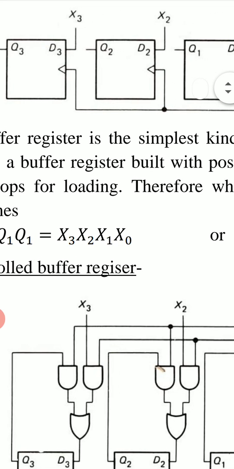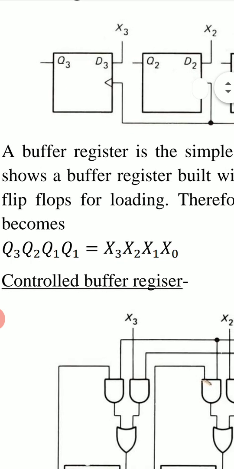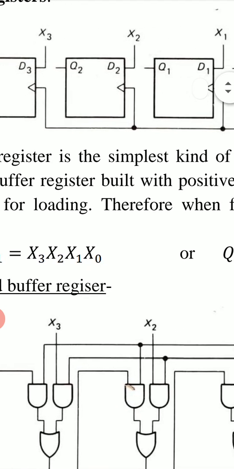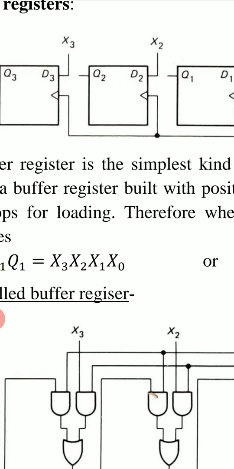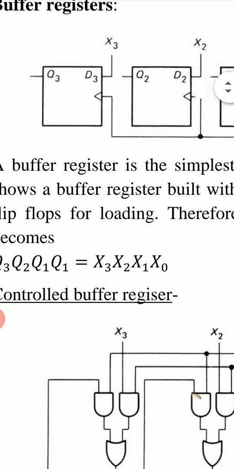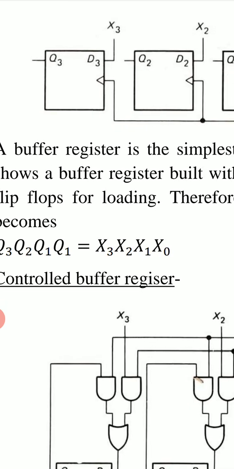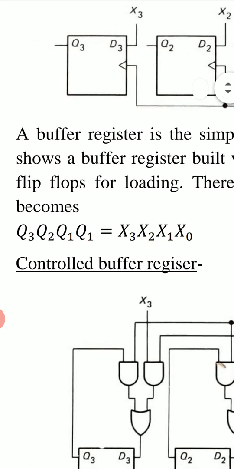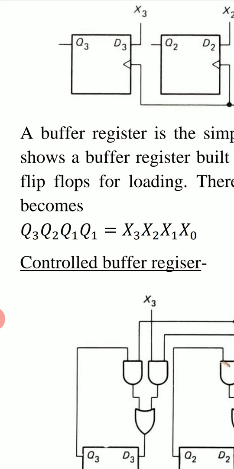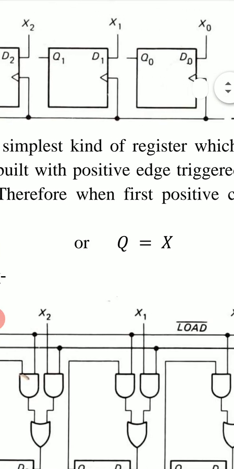And when the positive clock edge arrives, this stored word becomes X3, X2, X1, X0, because D3 is X3, and as soon as the positive clock edge arrives, this Q3 becomes D3, that is X3. So Q3 becomes X3. Similarly, Q2 becomes X2, Q1 becomes X1, and Q0 becomes X0. And the stored word Q3, Q2, Q1, Q0 will be X3, X2, X1, X0, or Q equal to X.